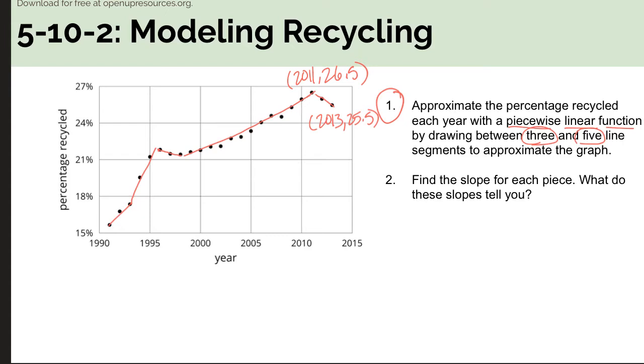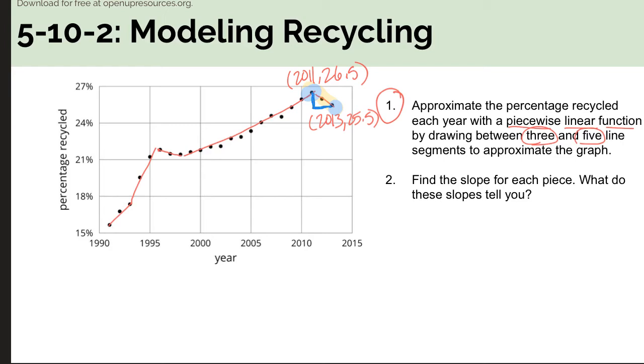Now, number 2 says to find the slope for each piece. We're going to do this for just one piece, and we're going to find the slope of this piece right here. So create a line there if you don't have one already. I've put the coordinates of the end 2 points, that point and that point, on the graph already, so get those written down. And to find our slope, we will create a slope triangle.